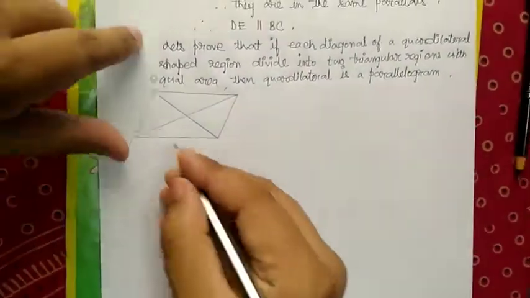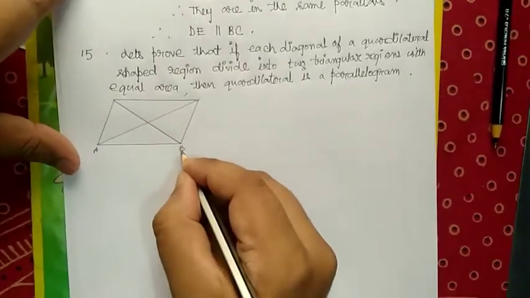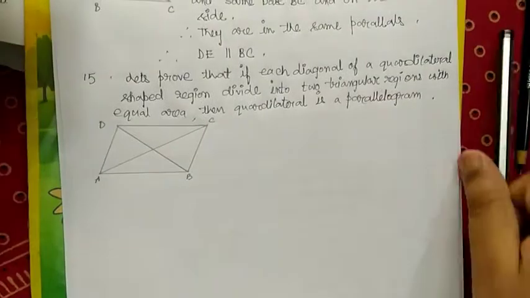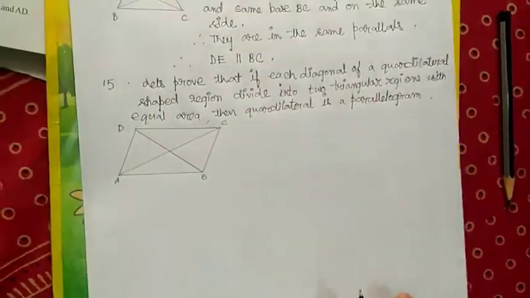So A, B, C, D. First of all, we have to prove that ABCD is a parallelogram.